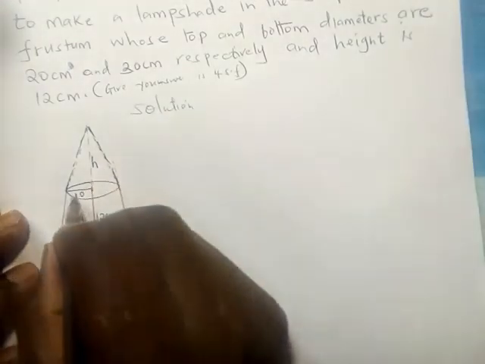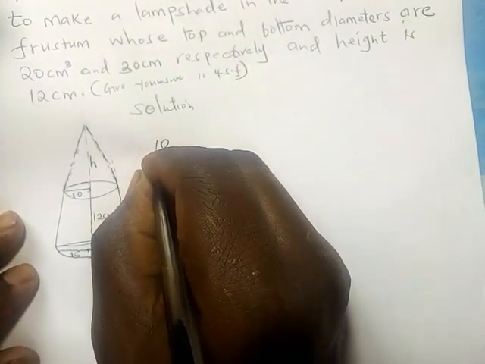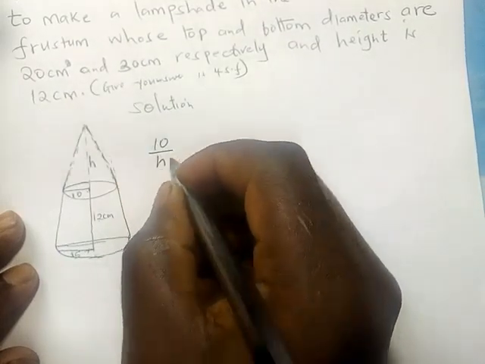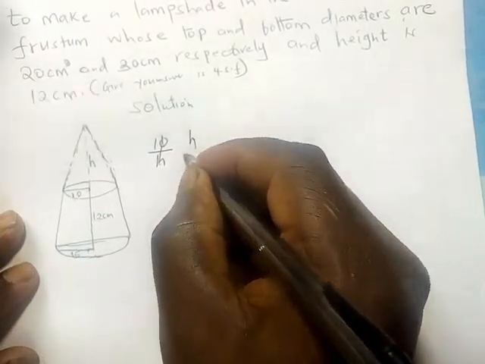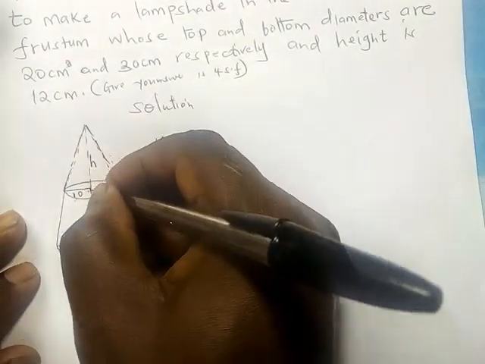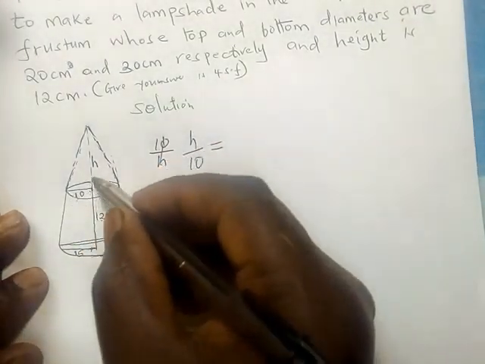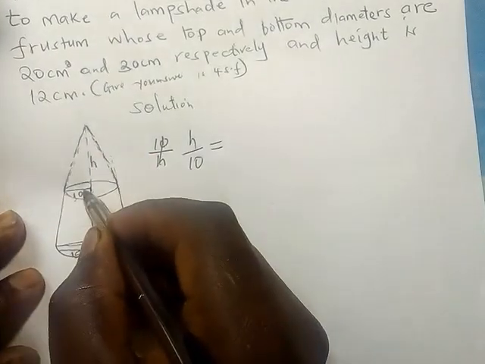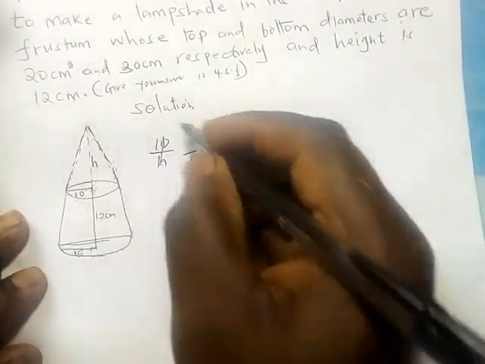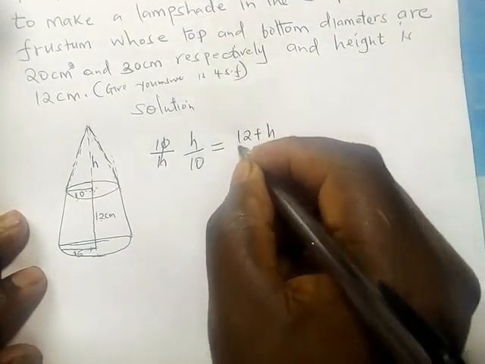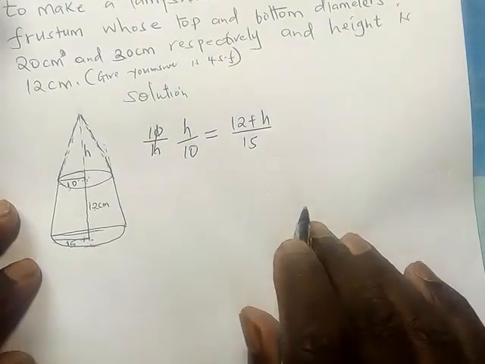So we say small radius 10 divided by h, or we can use either. We can even say small height h divided by the radius 10 is equal to the big height, which is 12 plus h, divided by the big radius, 15.